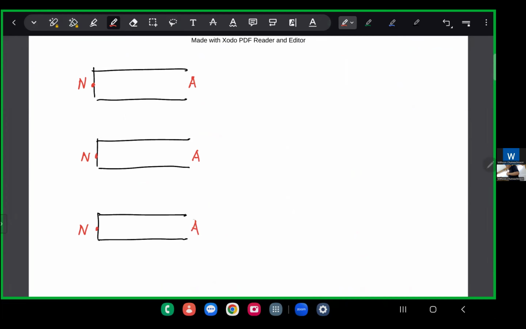For example, let's start with the easiest. I'm going to go with the simplest one. I love to draw a midpoint line that separates the upper and the lower portion of the space. And then I'm going like this, going from node to antinode.